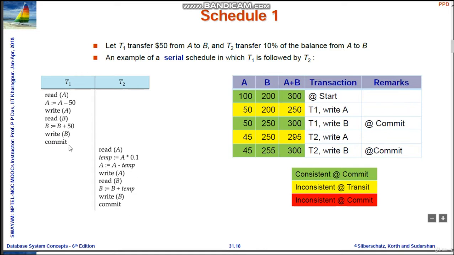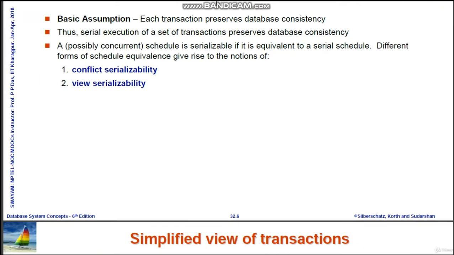First completes, followed by second, then second completes, followed by third, and so on. In this manner it proceeds. So the conclusion of the story is that a possible concurrent schedule is serializable if it is equivalent to a serial schedule.